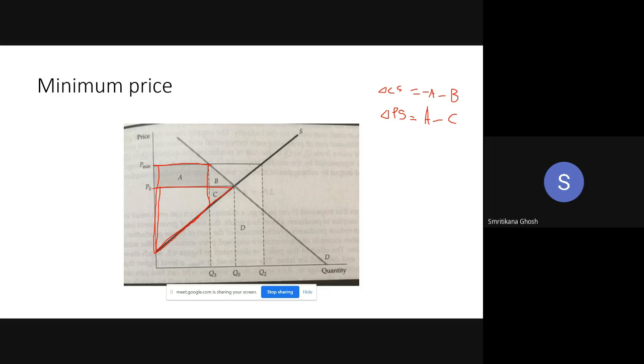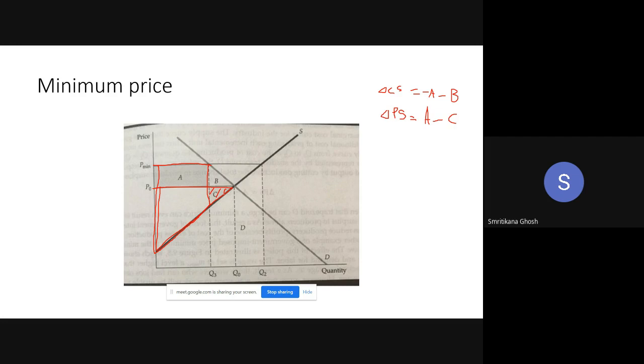So if you compare the recent producer surplus with the initial producer surplus, you can understand A is the gain and C is the loss. C was in producer surplus, but C is not in producer surplus. So C is the sacrifice of producer. In exchange of that, he is gaining A. Okay, so producer is getting at least some benefit.